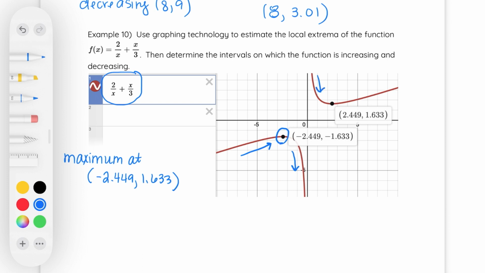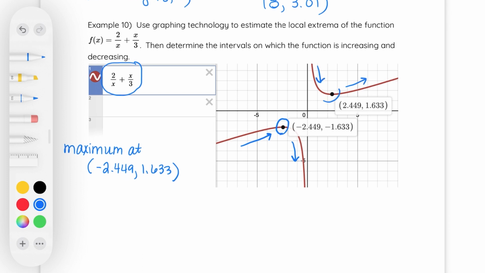Here I am decreasing. I hit that point and then I go back to increasing. So decreasing to increasing, I have a minimum at 2.449, negative 1.633. Oops, and this one was negative, excuse me.